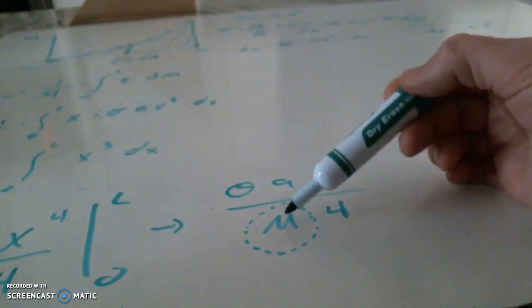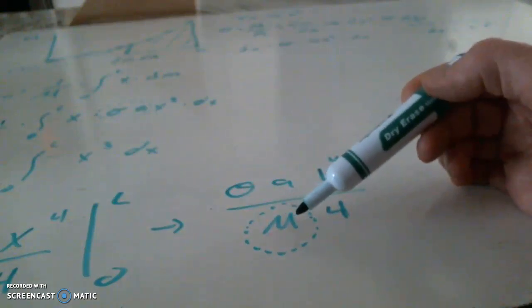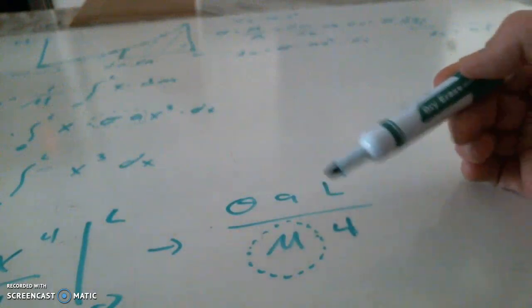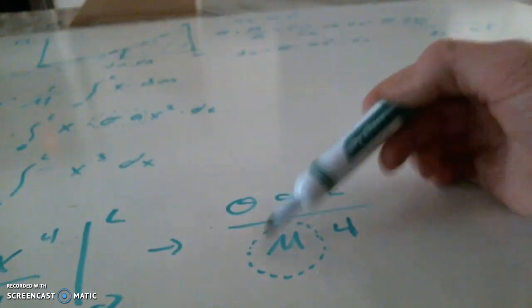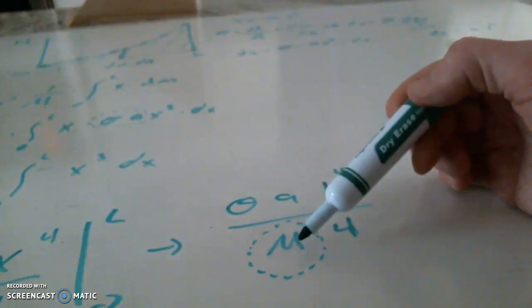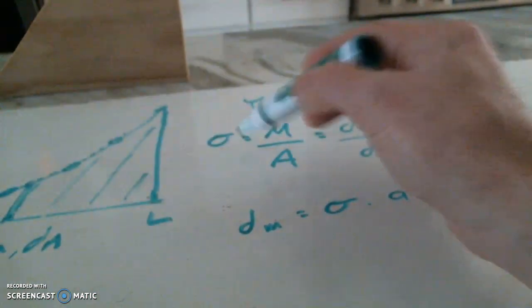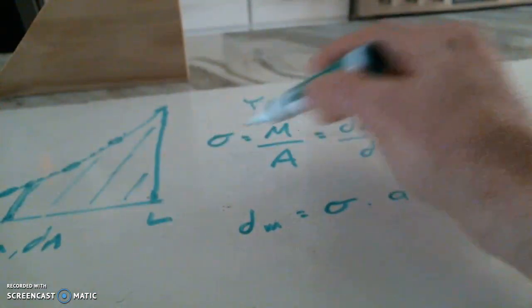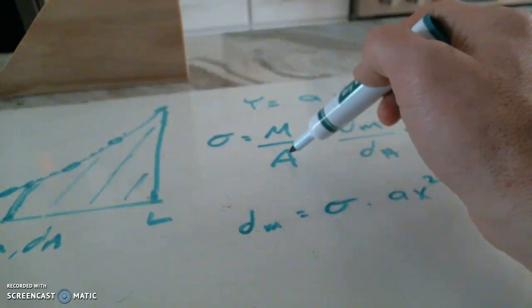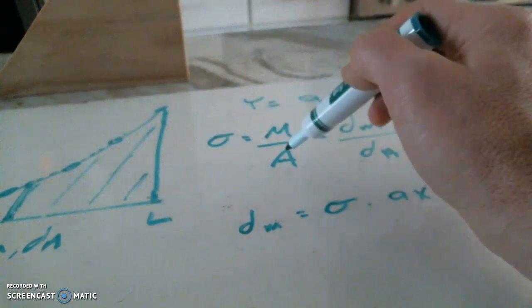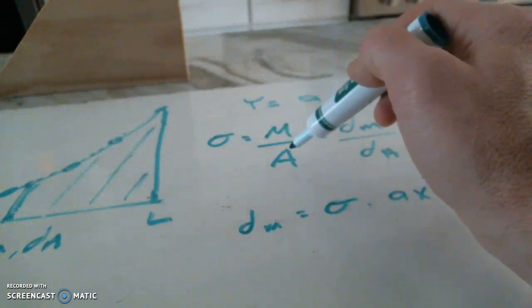So if I want to replace that mass in terms of a density, then this is what I was saying at the beginning. We're going to have to do another integral to get what the mass whole is, because this m is the mass of this whole object here. And we go back to this formula where the density is the mass whole divided by the a whole, isn't it? Which means the mass whole is equal to the sigma times the area, isn't it? Right?